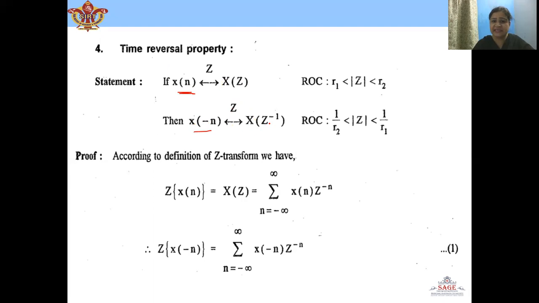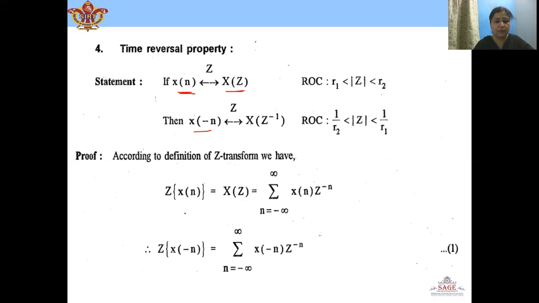It will be X(z inverse) in place of X(z). That means z will change to z inverse. And what will be the change in the ROC? Previously, the ROC was between R1 and R2. Now, after time reversing, the ROC will be between 1/R2 and 1/R1.